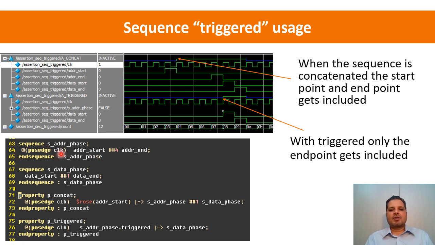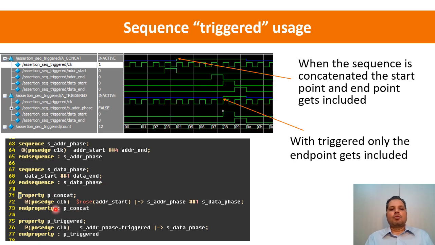In most of the sequences we were inheriting the clocking event from the property, but here we have used an explicit clocking event, and we are saying address start, followed by 4 clocks worth of delay, then the address end must get asserted. Then we have a data phase where the data phase start signal gets asserted, and after 1 clock, or 1 sampling event, the data end must get asserted.